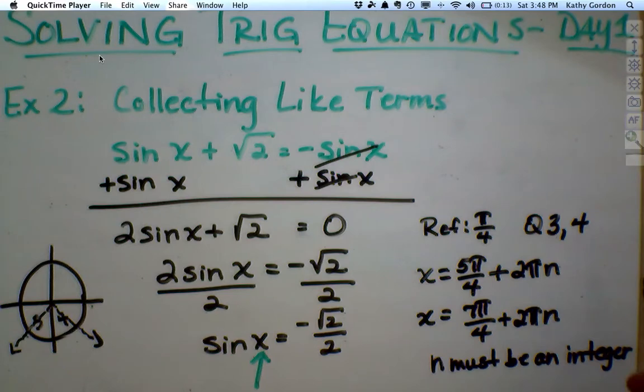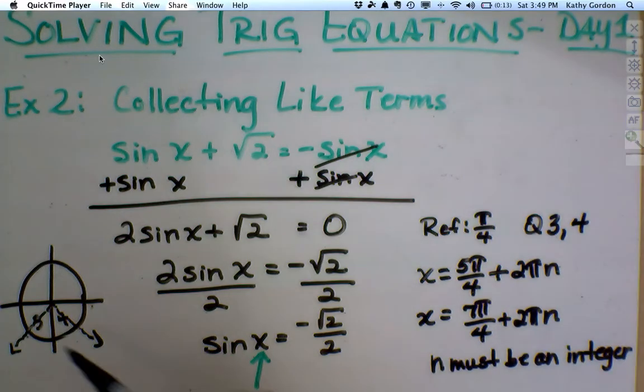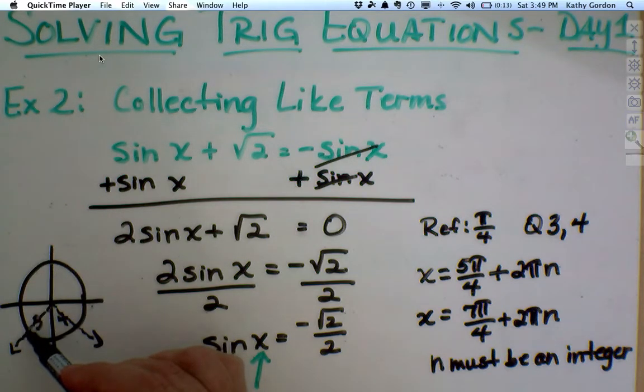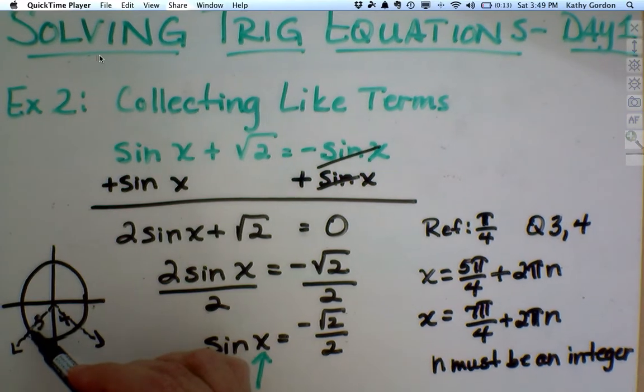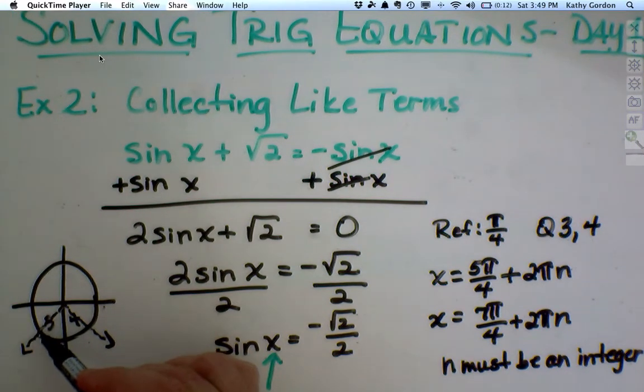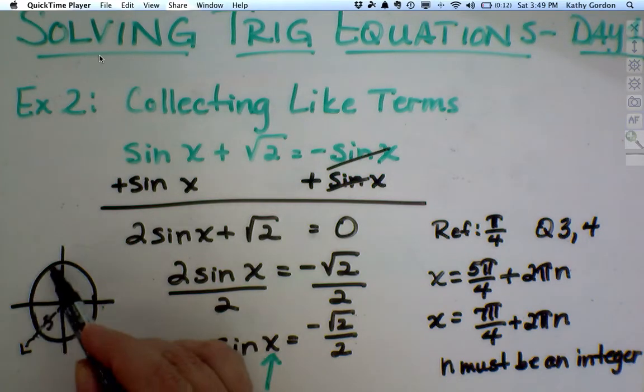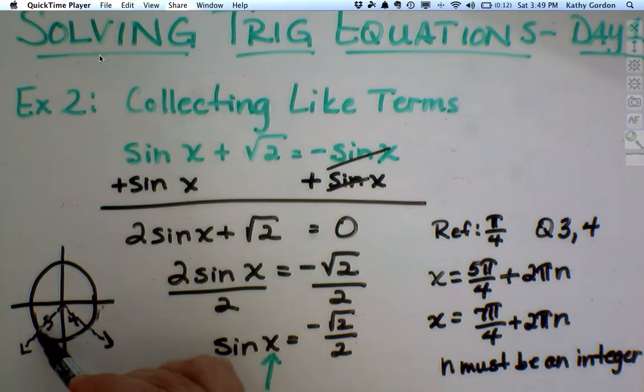So if I get a positive 2, then it means there's my answer, there's 1 more time around, there's 2 more times around, and whatever rotation that would actually be, that would be another possible solution. If it's negative, let's say a -1, then I would go negative to get to that answer, and then going around in a negative direction 1 more time would get me to an answer again.